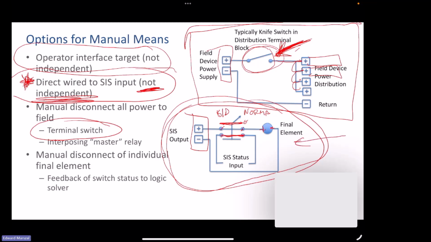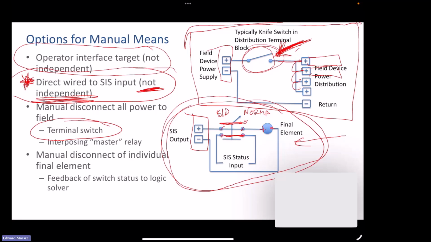This bottom configuration, this two position or two channel select switch, there is no dangerous failure mode of this equipment. They can cause a spurious trip, but there's no way that these switches can cause a dangerous failure. So, absolutely unequivocally, there's no excuse to design a manual shutdown switch system that can generate a dangerous failure. You should always be able to do your design in a non-interfering configuration.